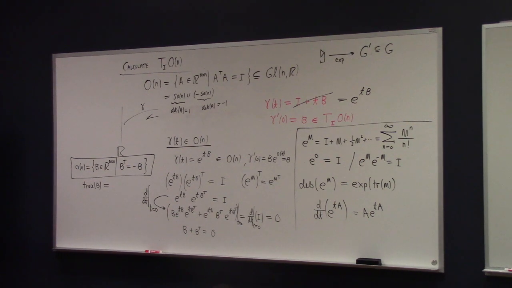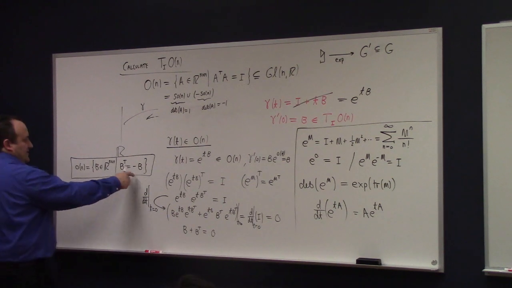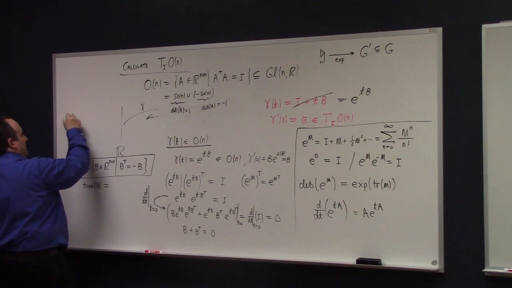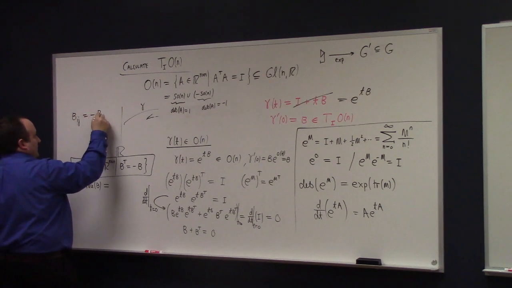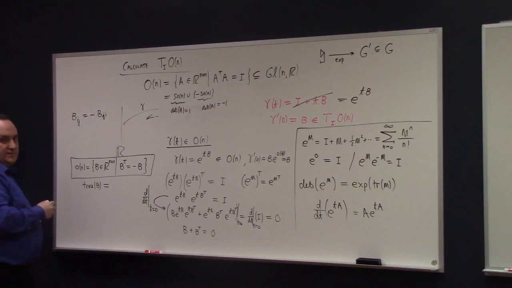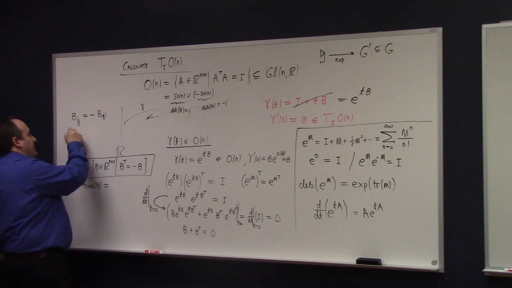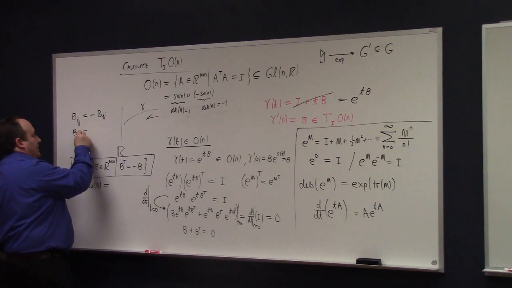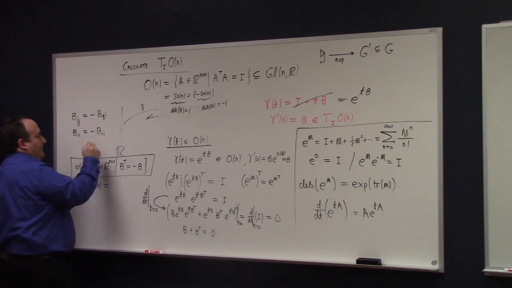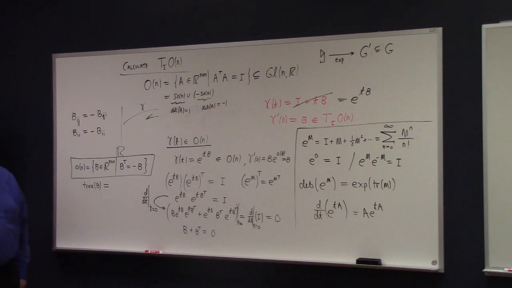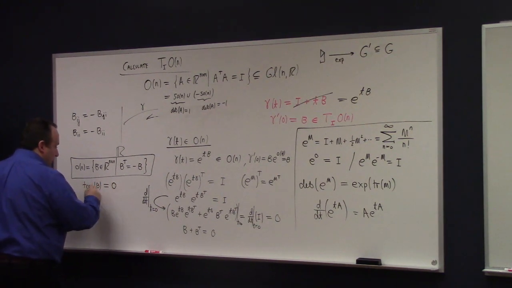Sum of the diagonals, right? So what does this condition right here tell you? It tells you that b ij is equal to minus b ji, right? For all components. So what happens when you have ii? An antisymmetric matrix automatically has zeros down the diagonal. So it's automatically traceless. See, the trace is 0.